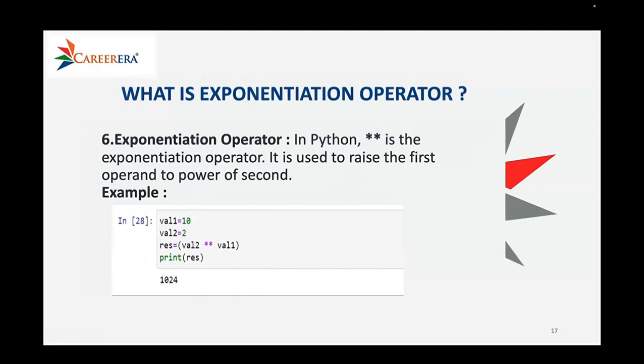How do I know? Because I work with binary values, so I know 2 to the power 10 is 1024 directly.